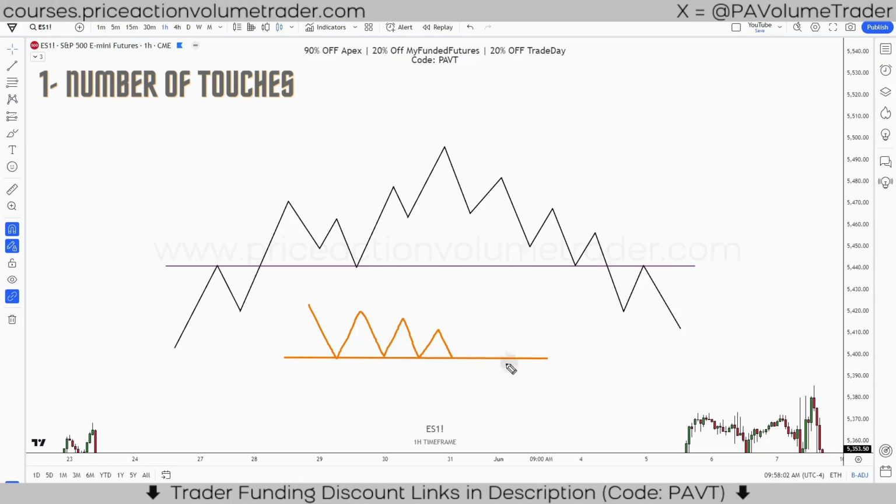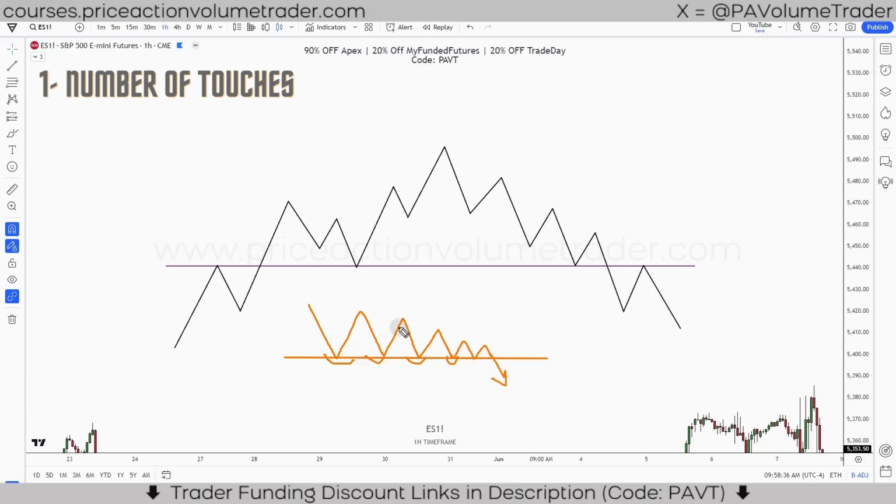So when we're coming into a level, every time we touch this, we're eating away more of the resting liquidity or the limit orders that are sitting here, in this case, to go long. Now, we know that in the DOM, orders to buy and to sell are consistently getting pulled out, reloaded, etc. But if we see a market that just keeps coming back into a level, then the buyers are going to lose conviction, because they see that eventually this is probably going to just go through.